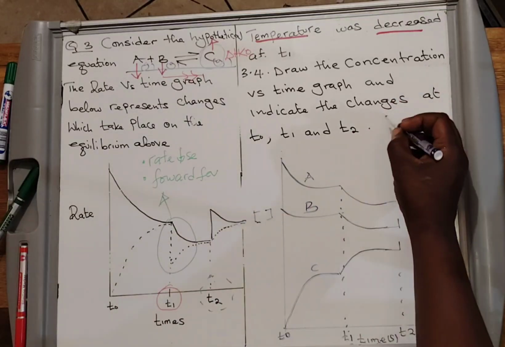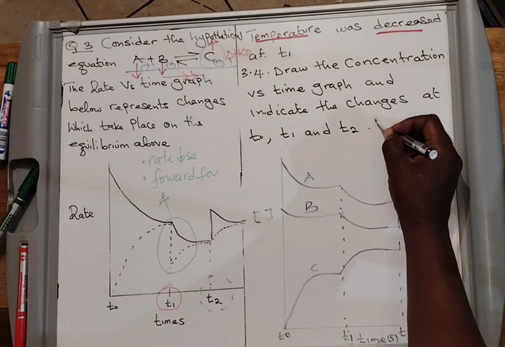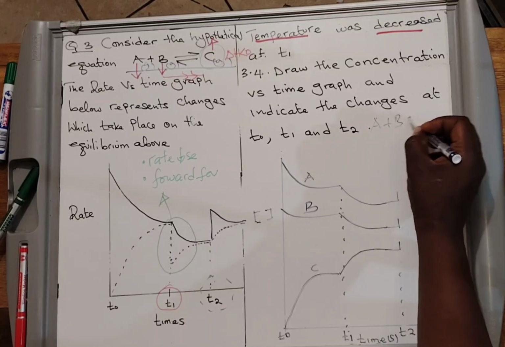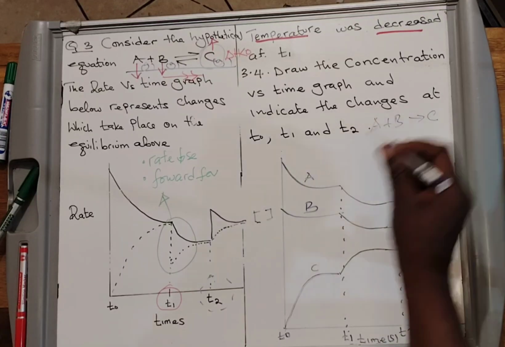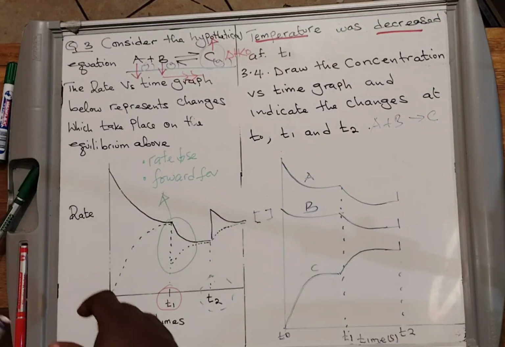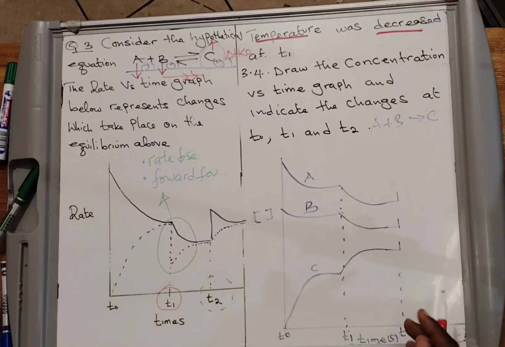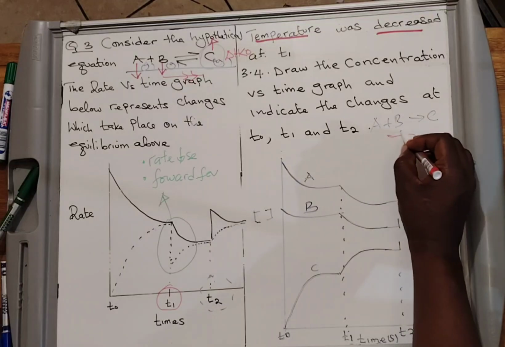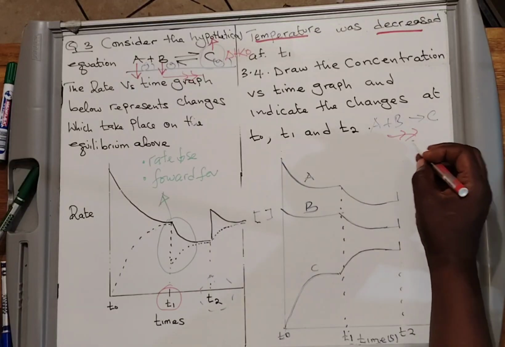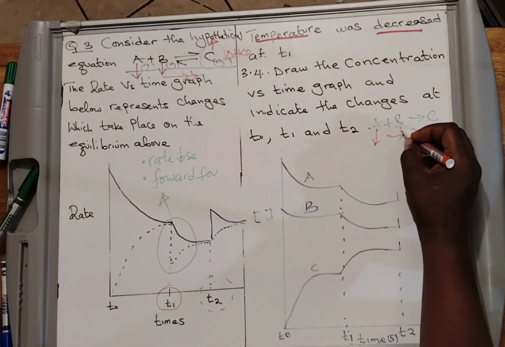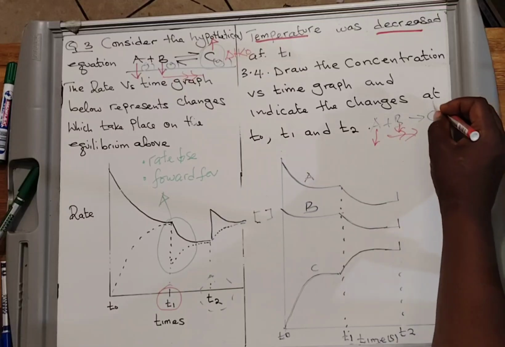Okay. What happens is this one, let us use this space, A plus B giving you C. It's very important that whenever you're predicting this one, you write the equation. So increase in pressure favors forward direction. And forward means that A is decreasing and B is decreasing to form what?